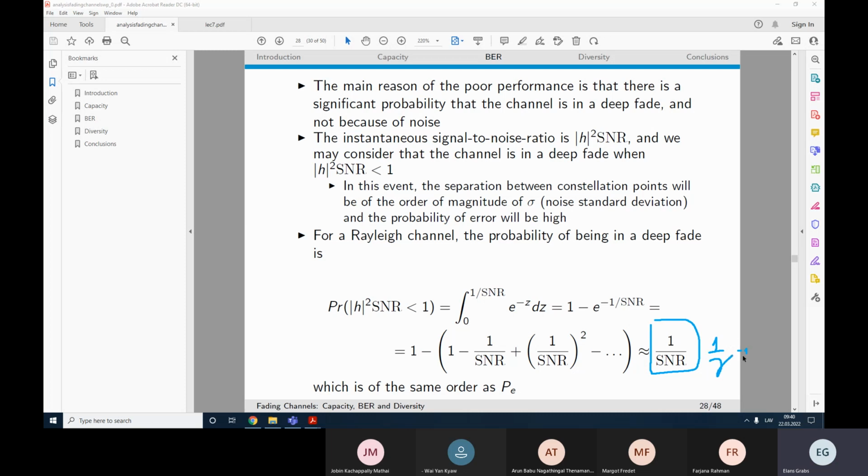Here we have degree minus 1. It's inverse, we can say that it's inverse to signal-to-noise ratio. The higher the signal-to-noise ratio, the lower the probability will be. That's quite clear even intuitively. If you have, for example, high SNR, then the probability is going to be low. And vice versa, for lower SNR, we are going to have a higher probability of the outage.